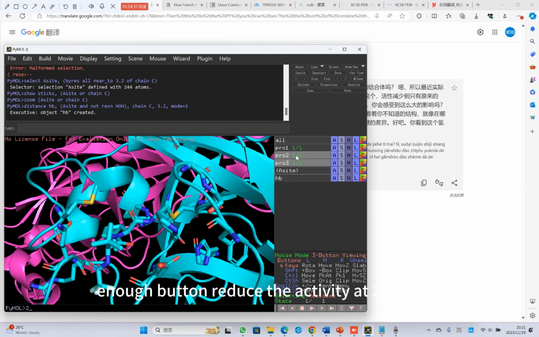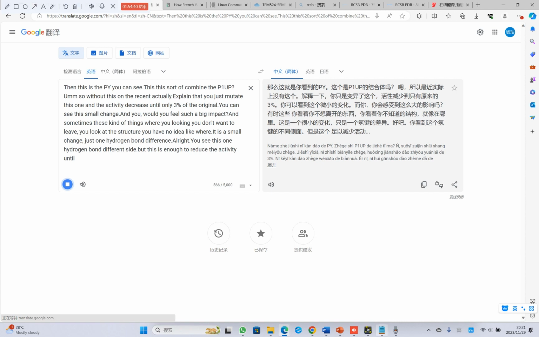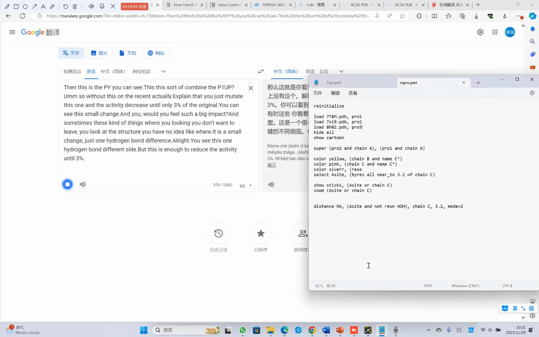But this is enough to reduce the activity to 3%. It's quite big.